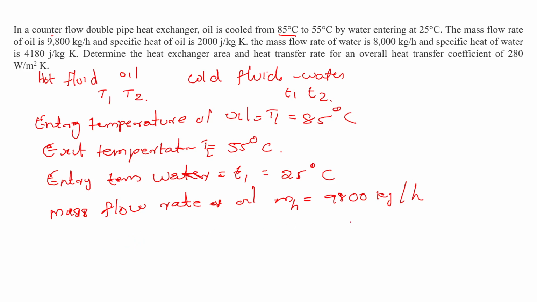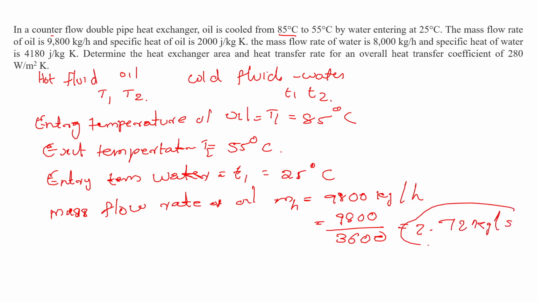From the energy balance, we can get the outlet temperature of water. This is per hour, right? So we can convert it into seconds. We should do all our calculations in SI units. So we can write it as 9800 divided by 3600, which is equal to 2.72 kilogram per second.